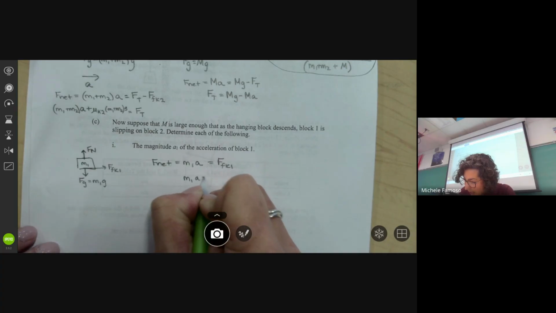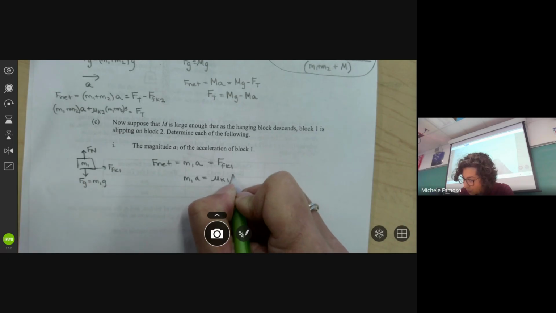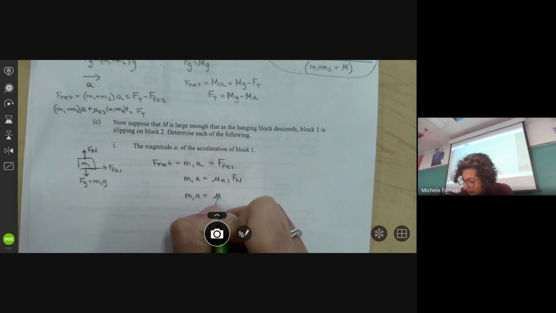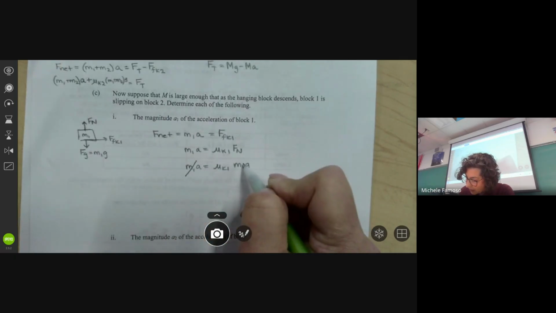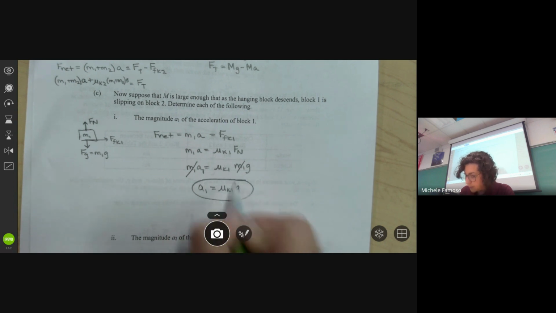So M1A is mu K1 times the normal force, Fn. What is the normal force acting on this block? It's M1G. Notice the M1 drops out. This is acceleration A1. So that is mu K1 times G.